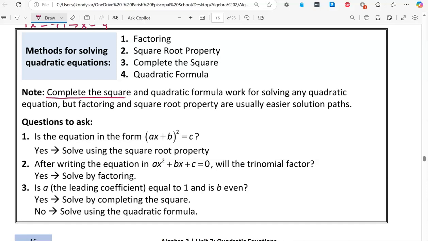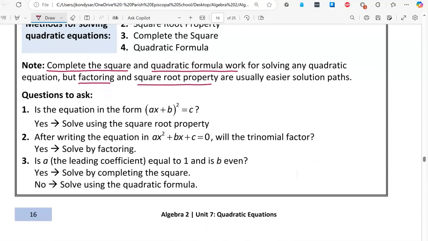Complete the square works on any quadratic equation, no matter whether the solutions are rational numbers or whether they are irrational or imaginary. Quadratic formula also works for solving any quadratic equation, but our factoring and square root properties are usually easier solution paths, so we're going to start by looking for those.